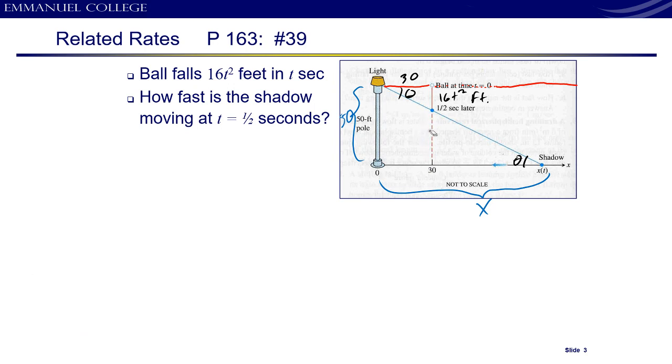So in reality, I didn't need that part. So what I've got here is a relation that x is to 50 is 30 is to 16t squared.